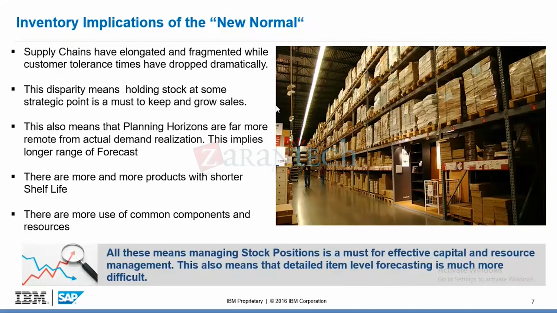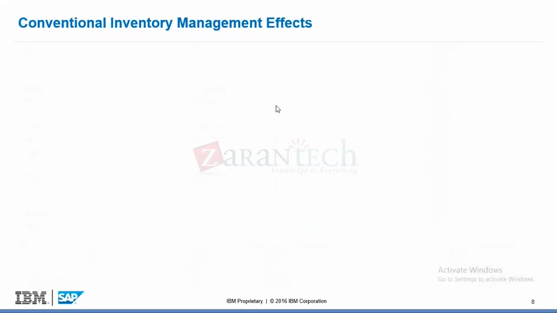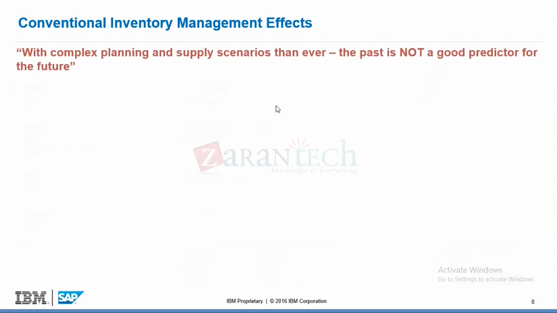The ideal situation is to hold stocks at all times for materials which have a long lead time in the supply chain. For this, it is necessary to have detailed item-level forecasting, and that is very difficult. With more complex planning and supply scenarios than ever, the past is not a good predictor for the future.